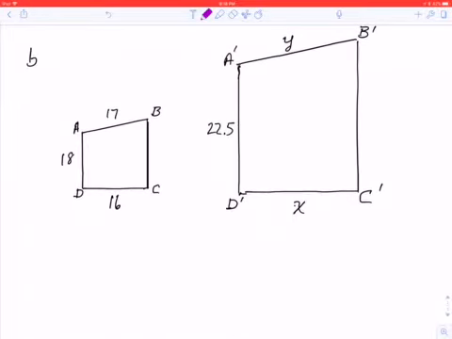Now if we look at these two similar figures, if I want to find side x, I'm going to make a fraction of x. This time it's x from the larger figure over the corresponding side from the smaller figure. So in this case it'll be 16.